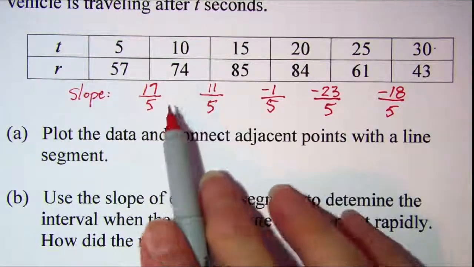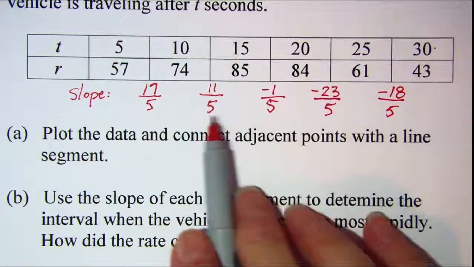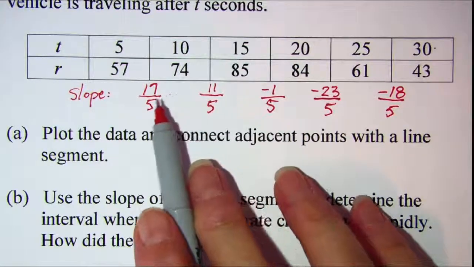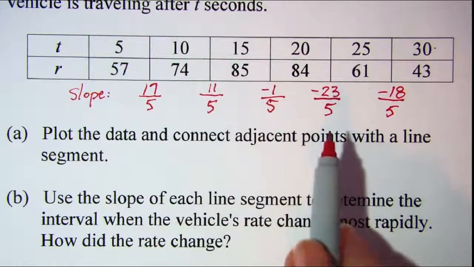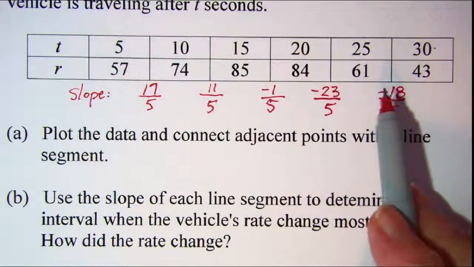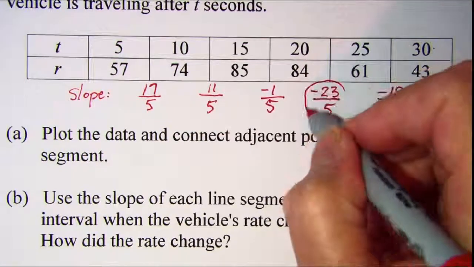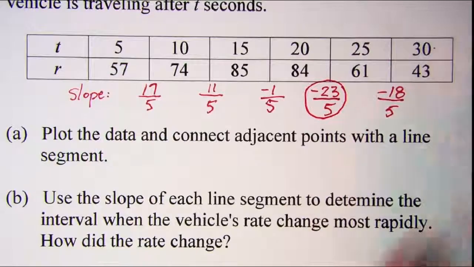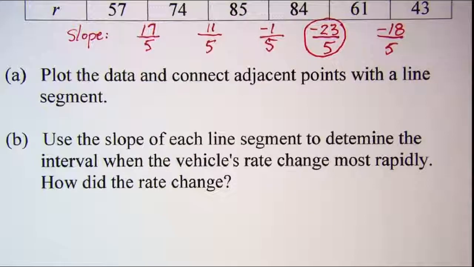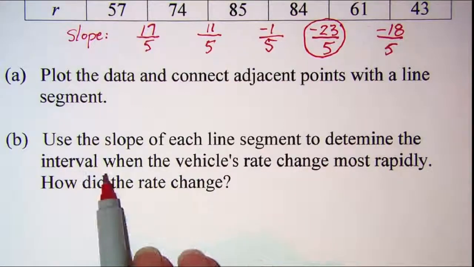Now these slopes I can easily compare because the denominators are all the same. So all I have to do is look at the numerators, and I can see that the most rapid rate of change will be this one. So to answer our question, determine the interval.